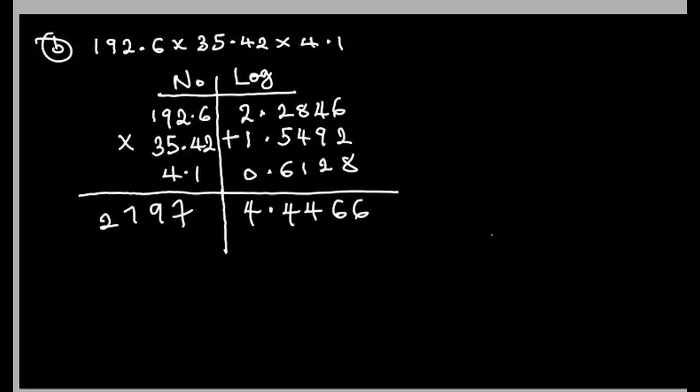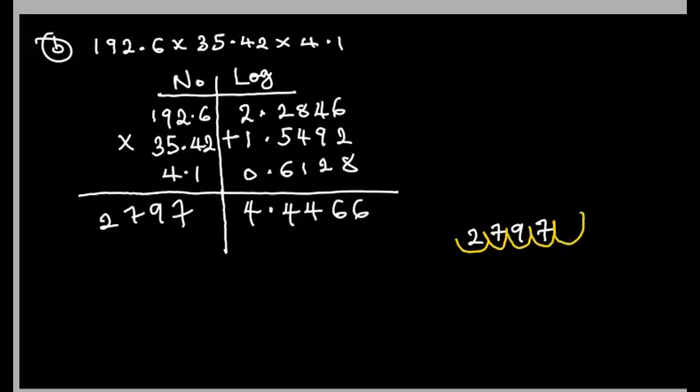I'll have 2, 7, 9, 7, yes, 2797. Since our whole number here is 4, I add an extra 1 to the 4 to become 5, like I said, and I'll move 5 times forward from left to right: 1, 2, 3, 4, and then 5.